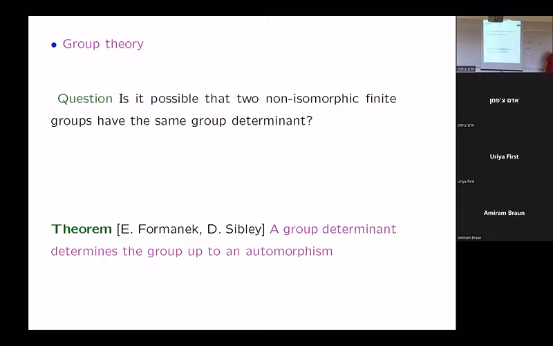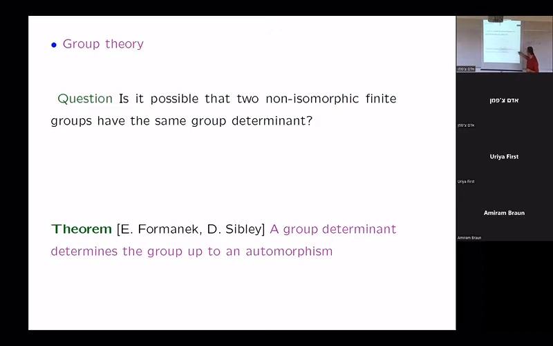Yes. So the same isomorphism question, but on the group theory level. We have seen this group determinant, and the question is: is it possible that two non-isomorphic finite groups have the same group determinant?